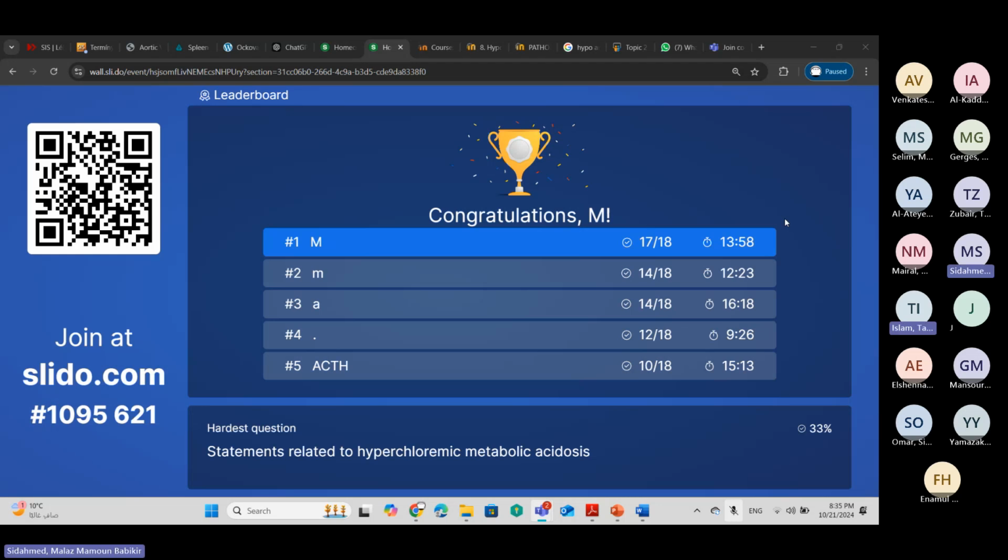There's one thing I'd also like to add. I hope you're all aware of the fact that if you marked a statement incorrectly, you lose.